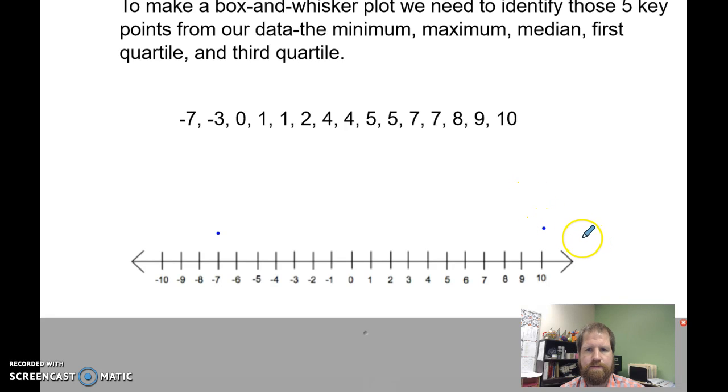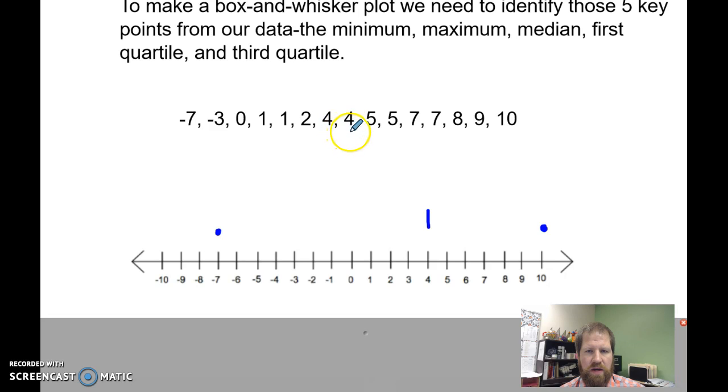Make a point there, maybe a bigger point. The median: 1, 2, 3, 4, 5, 6, 7, 8, 9, 10, 11, 12, 13, 14, 15. I got 15 points of data, so it should be number 8. 1, 2, 3, 4, 5, 6, 7. Median is going to be 4. So 4, that would be my line.